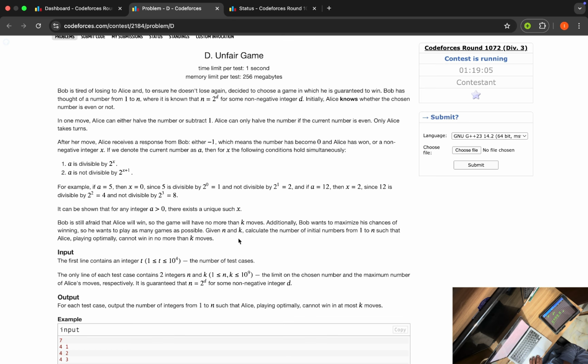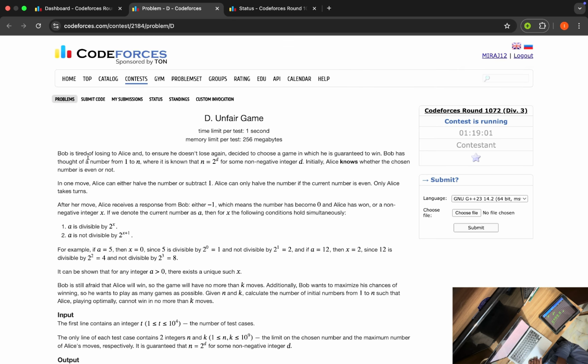Bob is still afraid. Same stuff again and again. Bob is tired of losing. Bob has thought of a number from 1 to n, where it is known that n equals 2 to the power d for some non-negative d. Initially, Alice knows whether the chosen number is even or not. Okay.